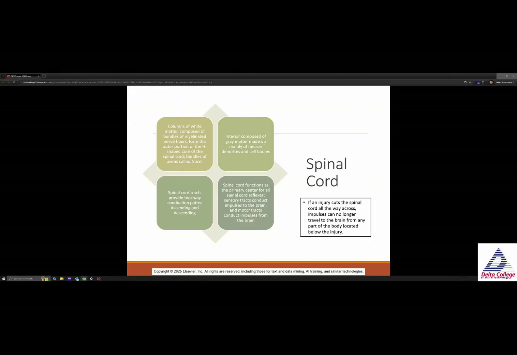If an injury cuts the spinal cord all the way across, impulses can no longer travel to the brain from any part of the body located below the injury. And this is what causes paralysis associated with either cervical spine, thoracic, or lumbar spinal cord damage, where it gets severed across, usually by trauma.